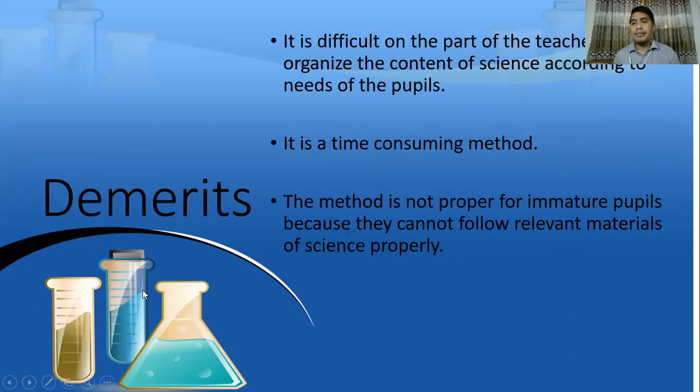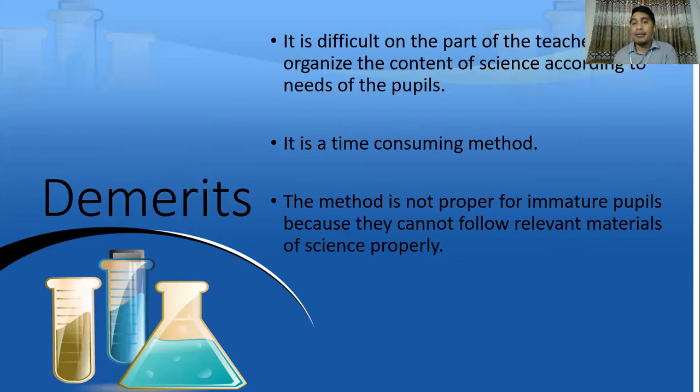So what are the demerits? It is difficult on the part of the teacher to organize the content of science according to the needs of the pupils because there are diverse learners, and most probably every year teachers get to encounter different kinds of students, and sometimes the diverse needs of the students will complicate the planning of the lessons.